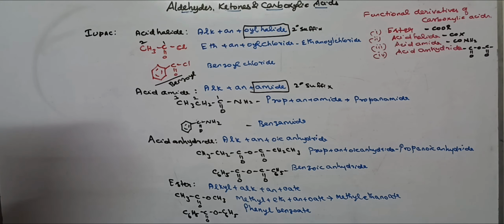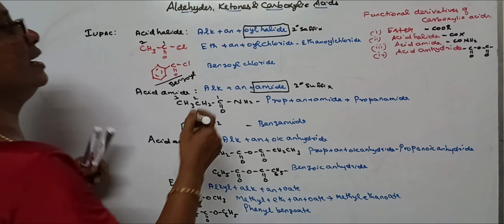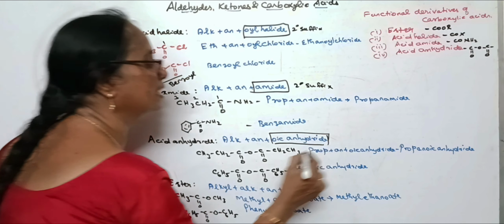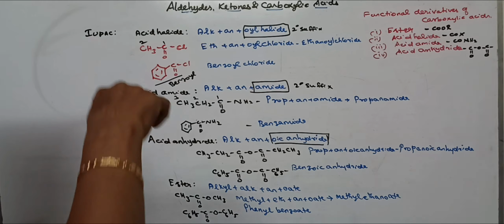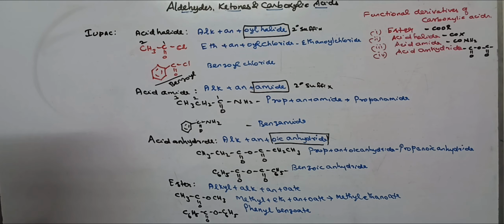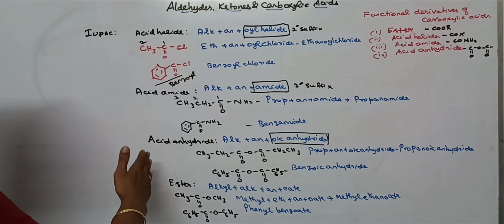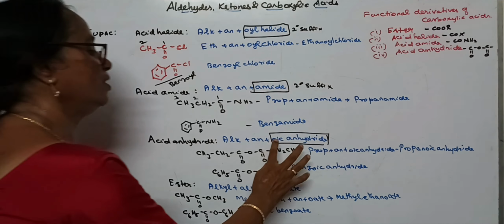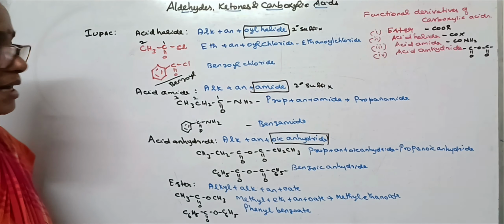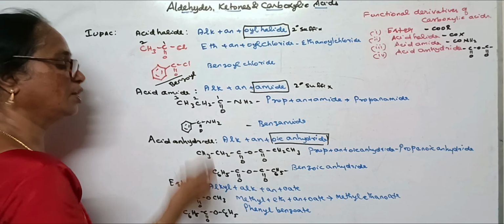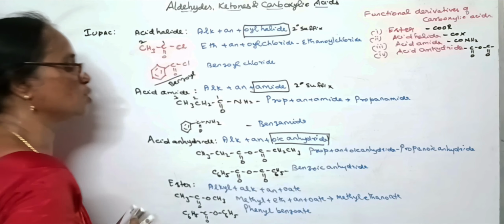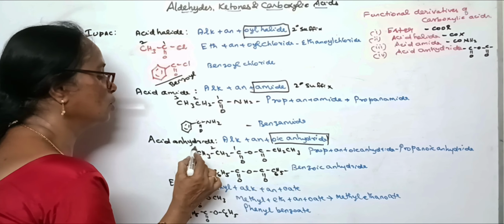And acid anhydride: once again here you have to take oic anhydride for the secondary suffix. Oic acid is for carboxylic acid. In the case of anhydride, you have to replace acid with anhydride, so we will get oic anhydride. How many carbons are there? You should consider both the carbonyl groups with the alkyl. 1, 2, 3.